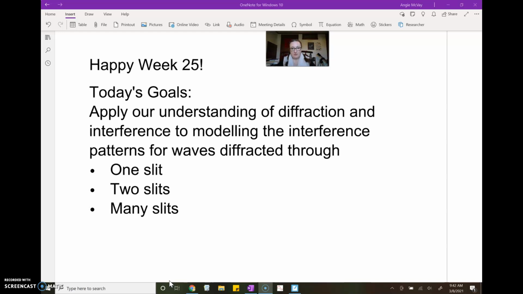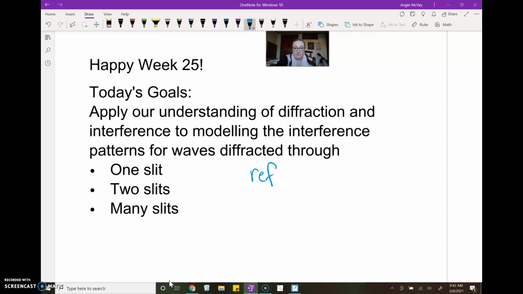Remember, of the things that waves can do, if something is acting like a wave, it can reflect, refract, diffract, and interfere.